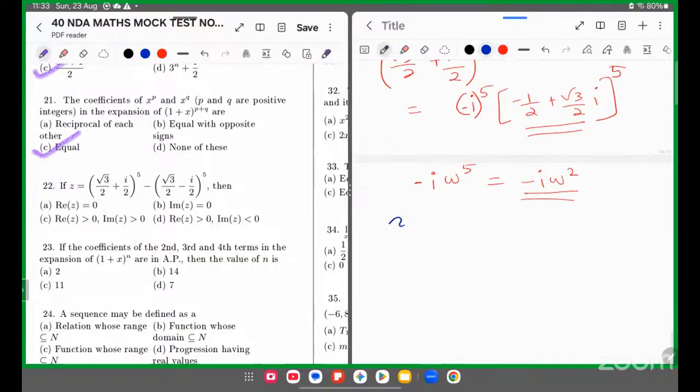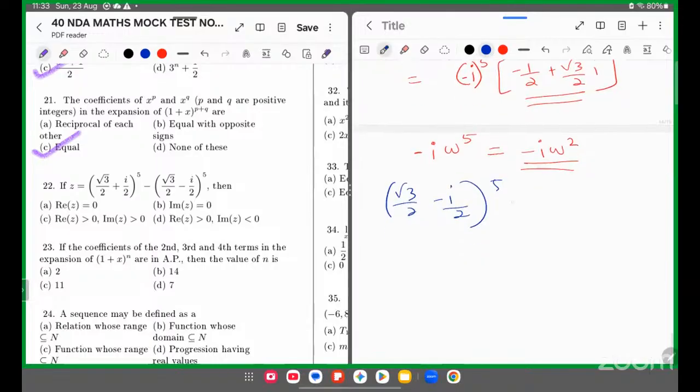The second part, root 3 by 2 minus iota by 2 raised to 5. If I take iota out, minus 1 by 2 minus root 3 iota by 2 raised to 5. So I can write iota raised to 5 is iota.